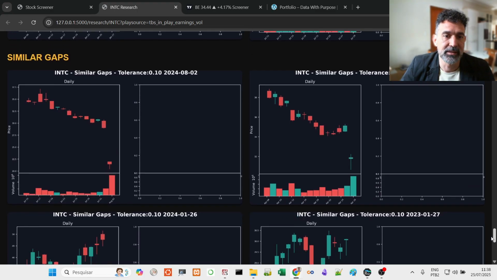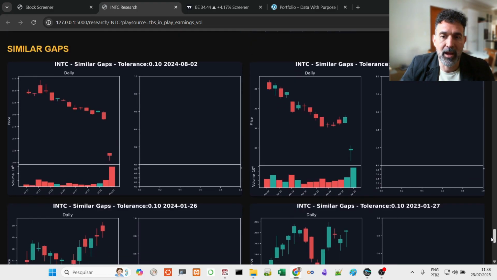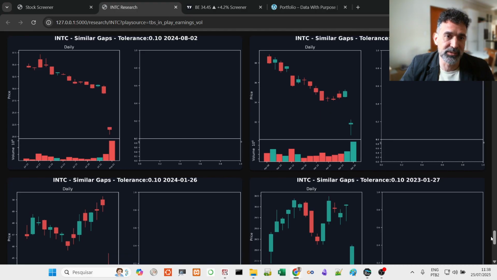And here we can see how it performed on similar gaps. So in this case, the report goes and researches similar gaps. In this case, the tolerance is okay. It keeps looping until it finds at least 4 to show, and it increases the tolerance.